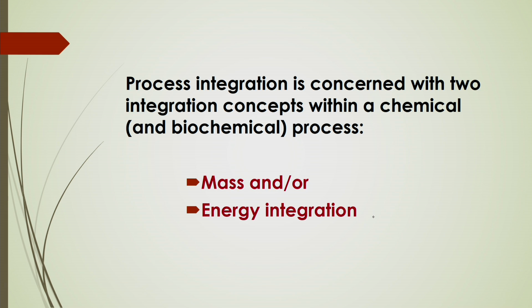Process integration is concerned with two integration concepts within chemical processes. In any chemical engineering process, whenever you consider intensification, you have to go through these two words: mass and energy. You can get the intensification of that process by conserving mass and conserving energy.